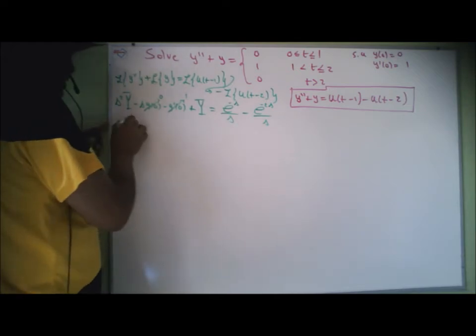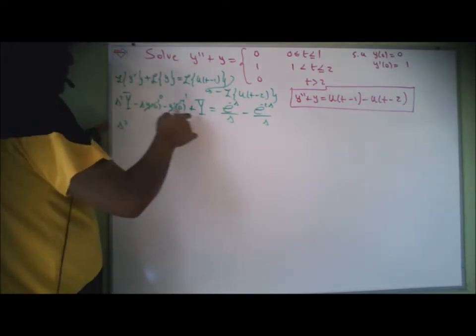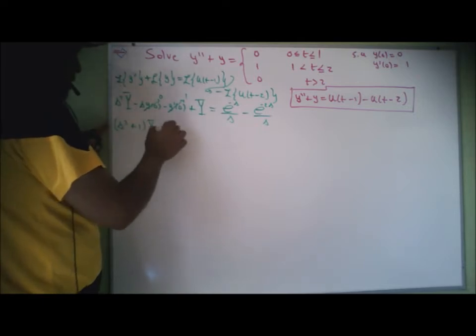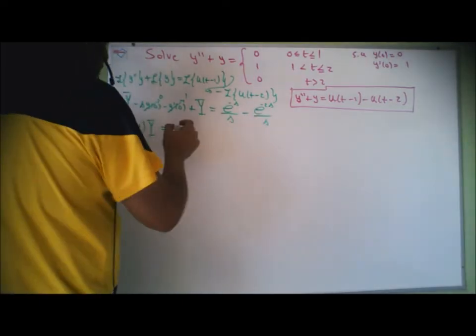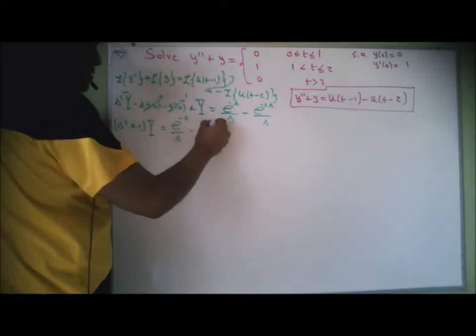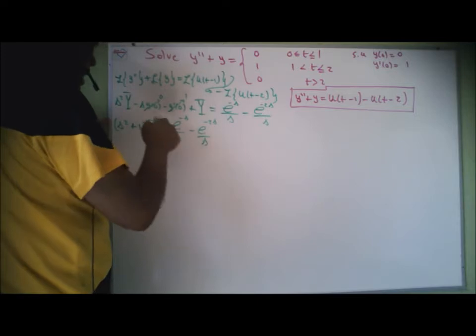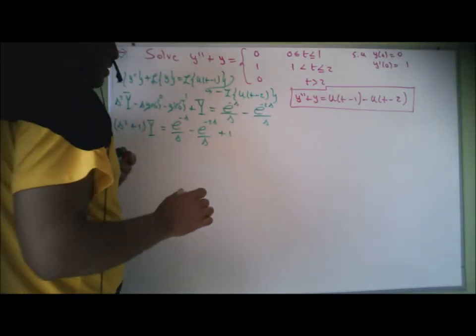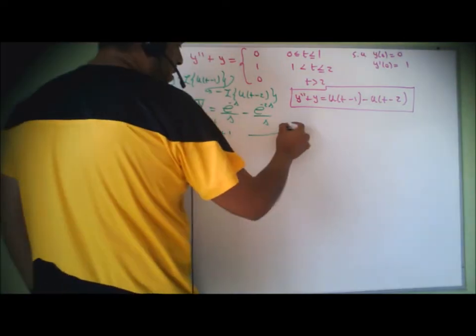So it's going to be s squared plus 1, factorizing the Y, times capital Y equal to exponential of minus s over s minus exponential of minus 2s over s, and then this minus 1 goes to the other side, plus 1.